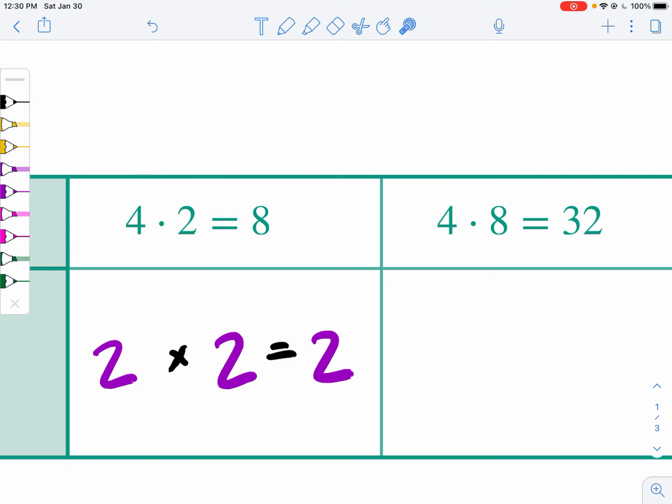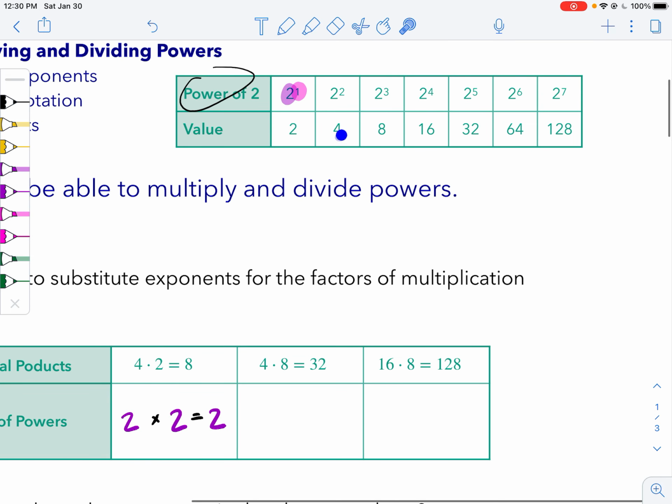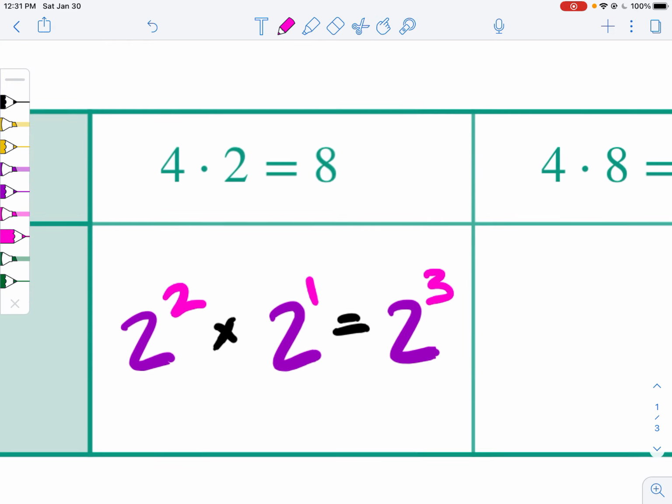Well, 4 is 2 squared. And 2 is 2 to the first power, and 8 is 2 cubed. This is because to get 4, you multiply 2 times 2, and to get 2, you just multiply once.